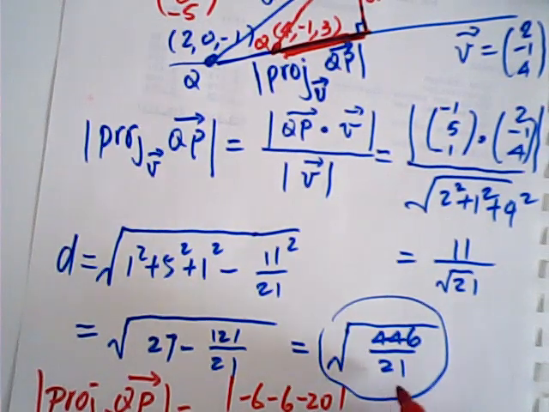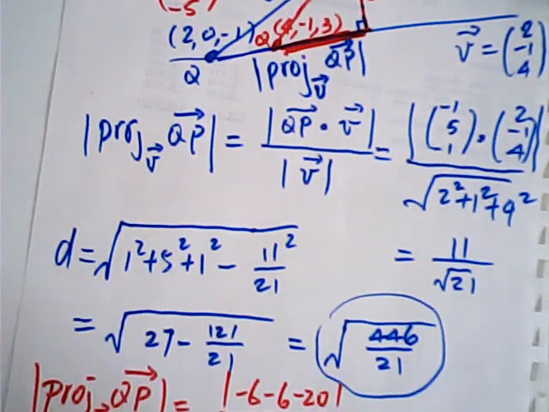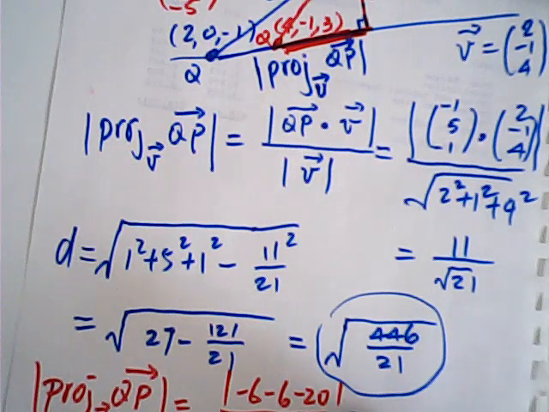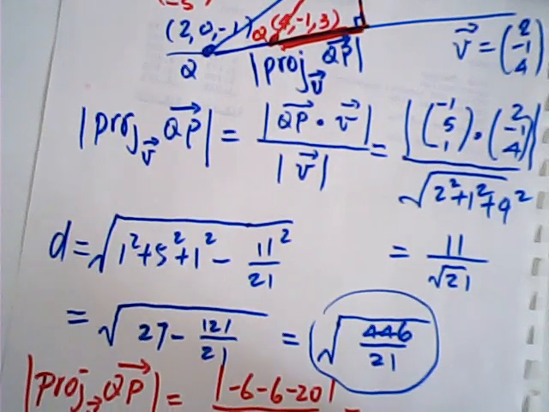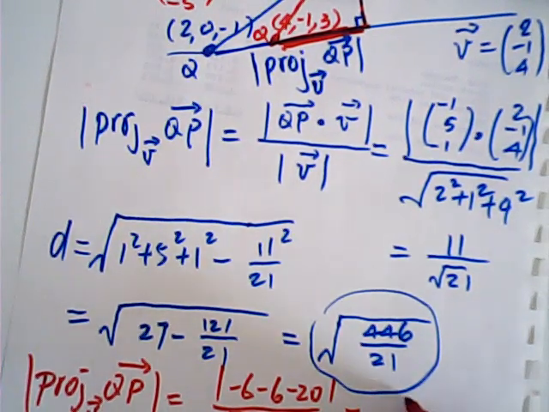And this is the same thing, right? Same thing as 21. Okay. So this one is equal to 32 over square root 21.